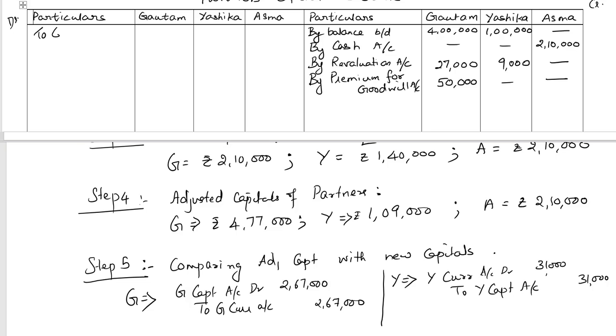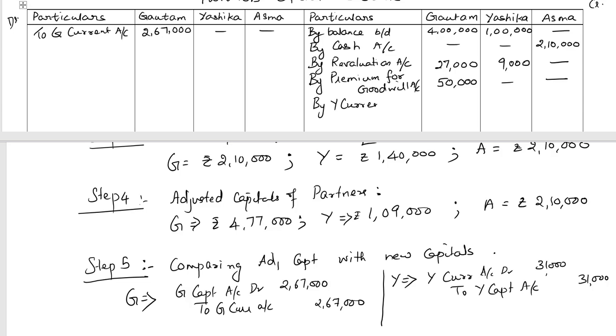To Gautam's current account, 2,67,000 rupees. And by Yashika's current account, 31,000 rupees.